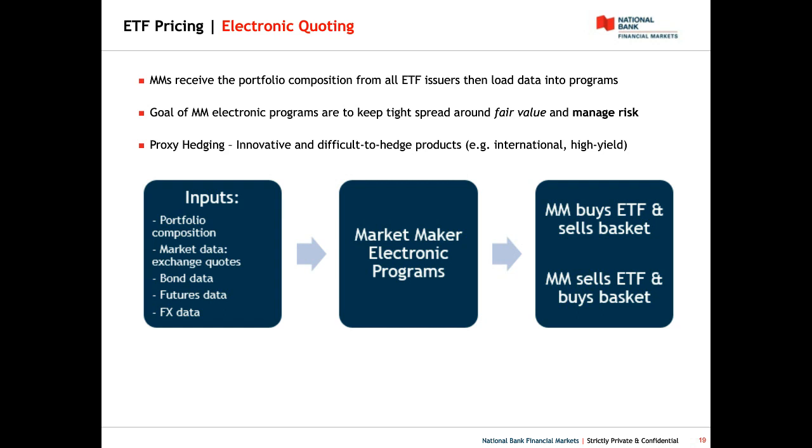Market makers depend on various inputs to electronically calculate intraday fair value, like exchange quotes, bond data, futures quotes, foreign exchange quotes, etc. The goal of the market maker's electronic program is to keep a tight spread around fair value and to manage risk. Trading tip: avoid trades at the open and avoid using market orders.